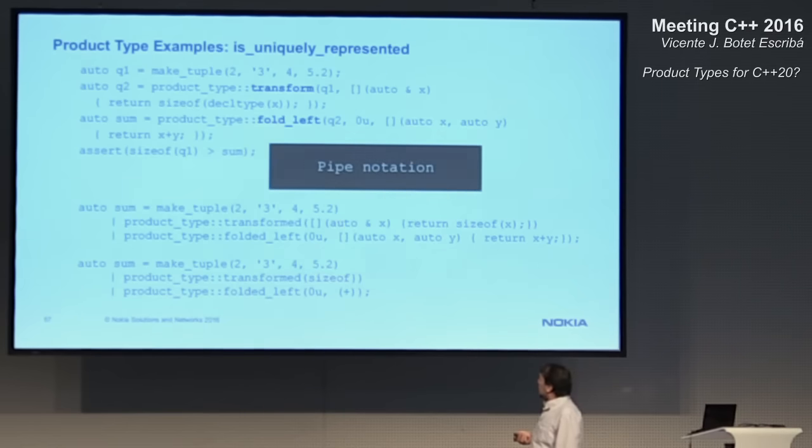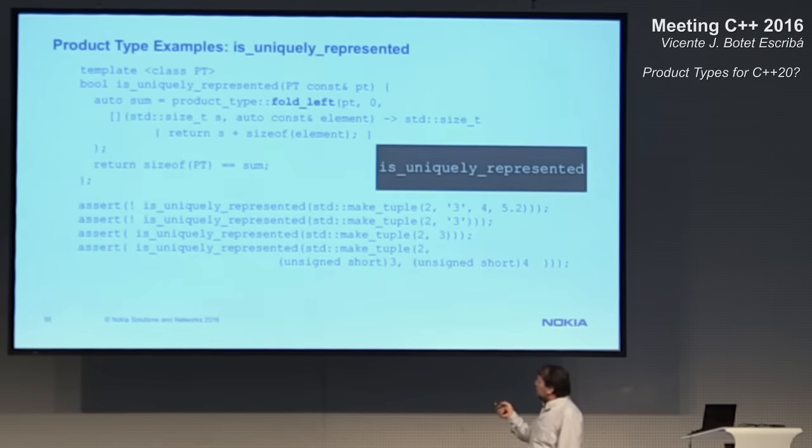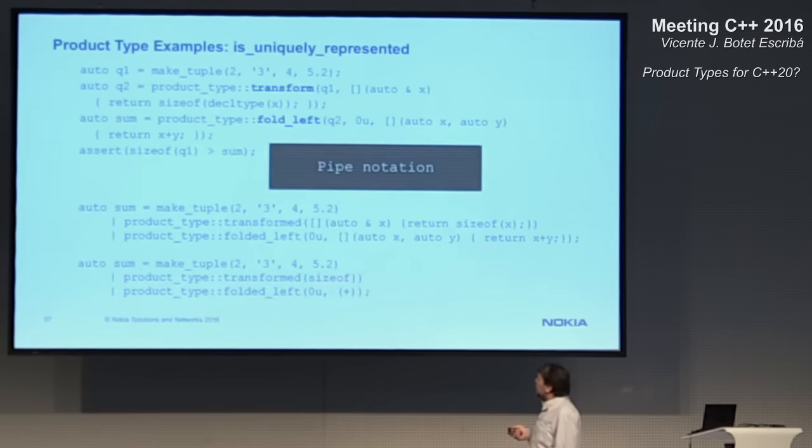Okay. I will split this function. We could split this function. First, we can transform the product type into a product type that has the size of these product types. And then we can fold left just adding them.